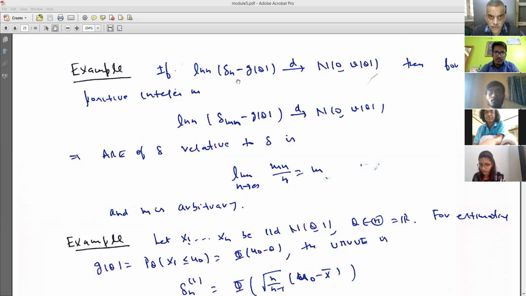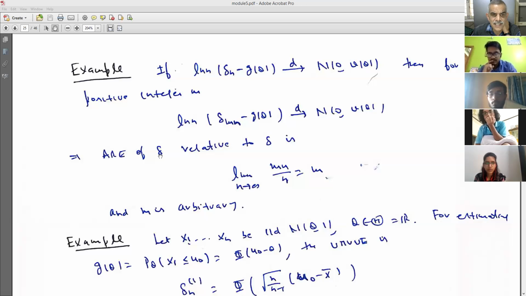So the thing which we had considered, with log of mn and then writing it as log of n plus log of m, the second term goes to 0. That means log of n into delta mn minus g theta also goes in distribution to normal 0 v theta. So you have this as well as this, two estimators, one based on delta n and one based on delta mn.